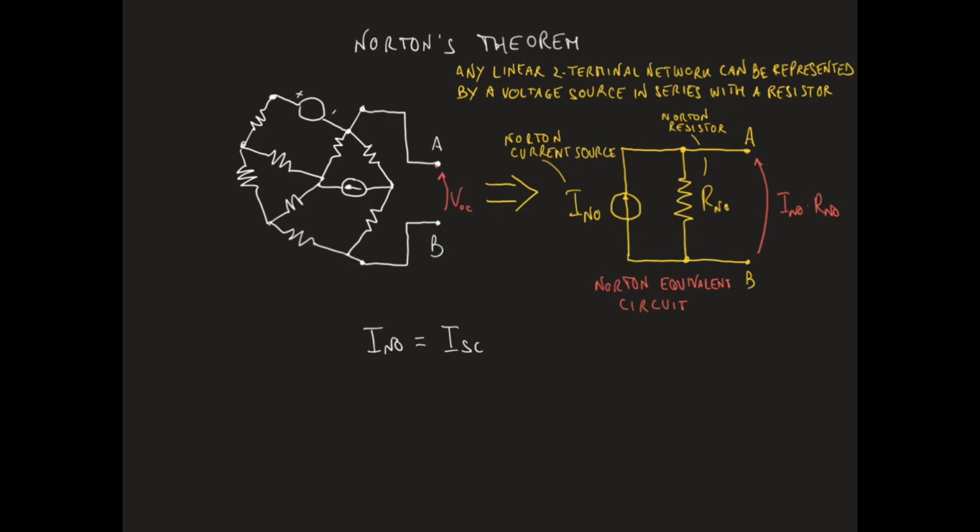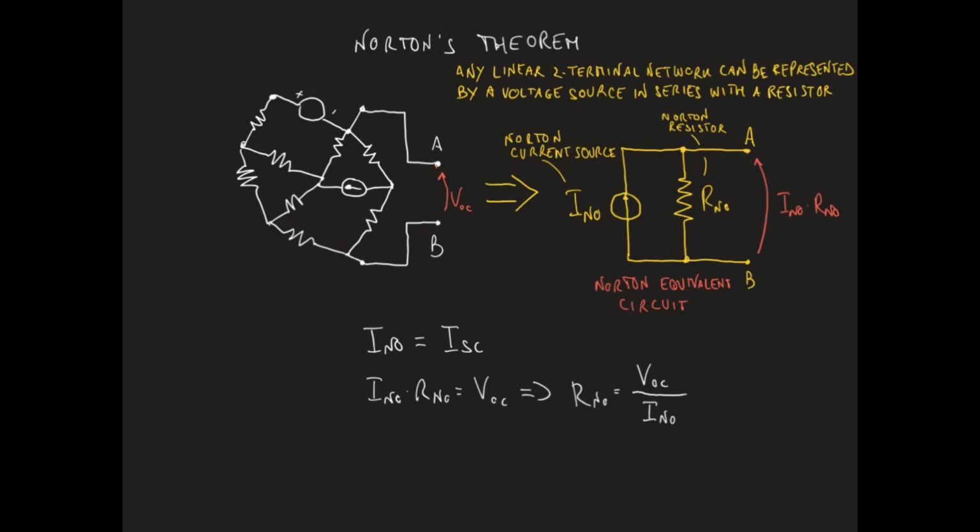So we can write that I_NO times R_NO is equal to V_OC, from which we get that the Norton resistor, R_NO, is equal to the open circuit voltage in the starting network between nodes A and B divided by the Norton current.